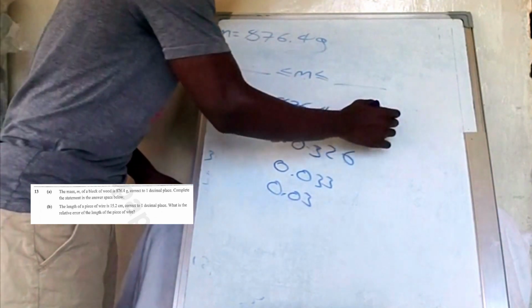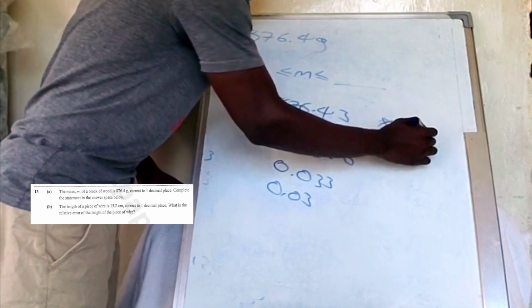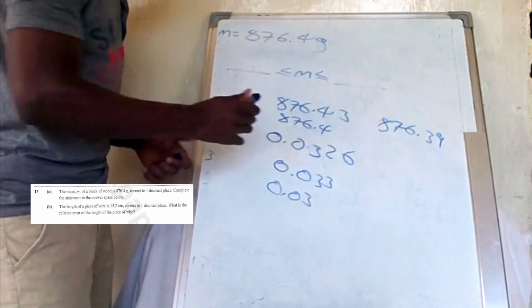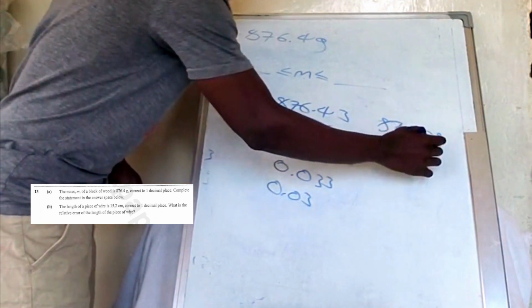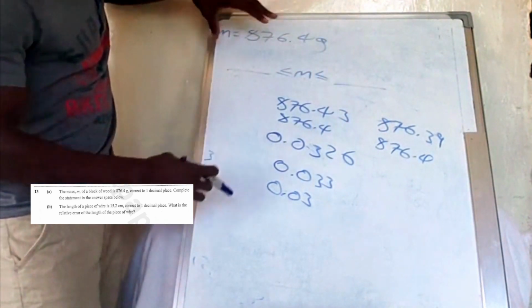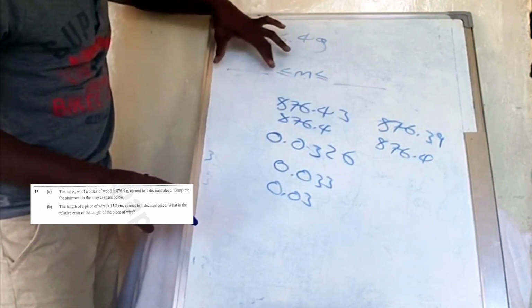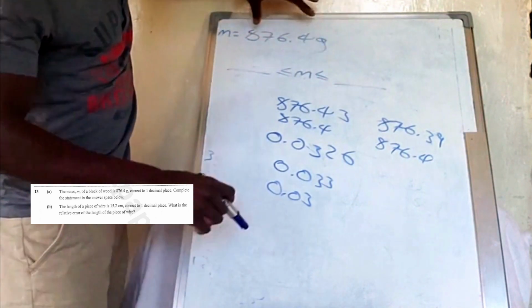Or rather, if we had 876.439, if we round this number off, we're going to have 876.4. So this is what we're going to do. We're going to find the lowest value that this number could have been. We're also going to find the highest value that this number could have been.